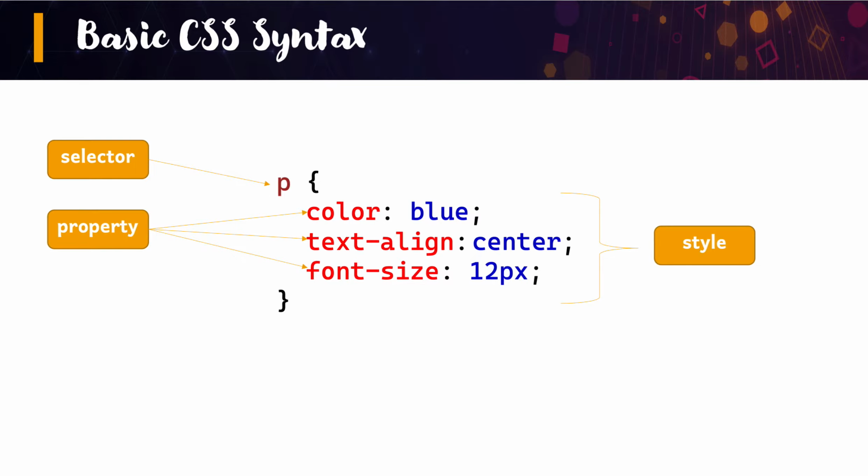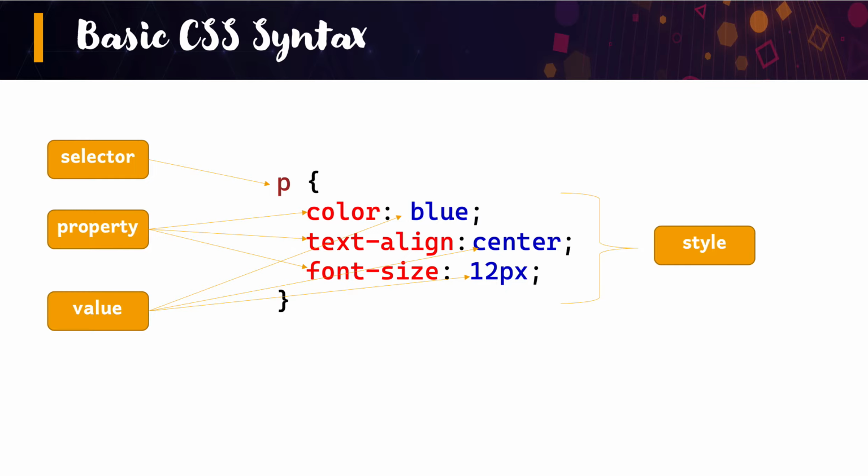For example, color, text align, and font size are the three properties that are used in this style. These are the properties, and each property has a value. Color has a value of blue, text align has a value of center, font size has a value of 12px, standing for 12 pixels.